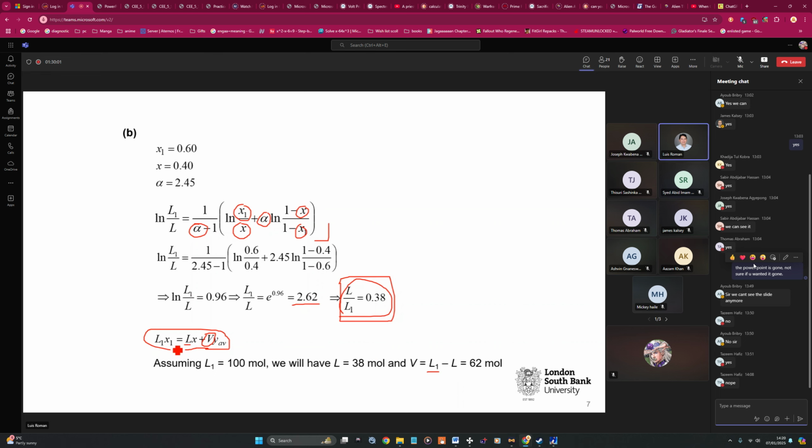Now that you have L1, X1, L, X, and V, the vapor amount, you can calculate the average composition of the vapor phase that was produced.